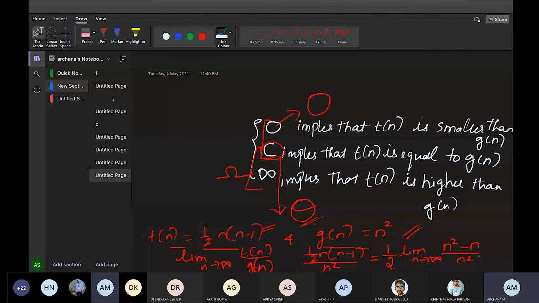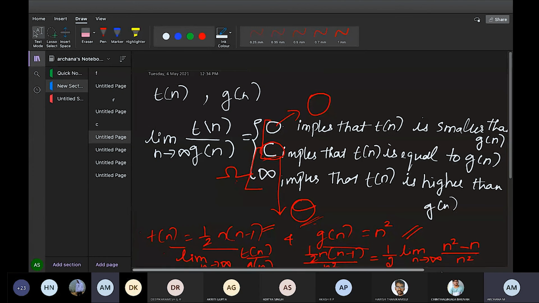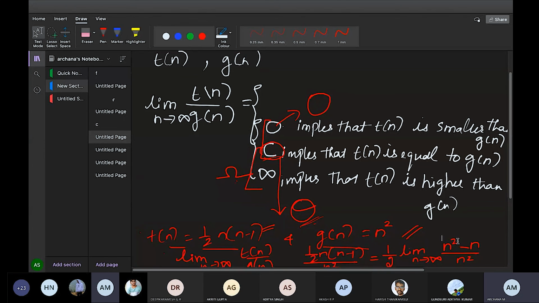Now can anyone tell me what will be the final answer for this? Solve this. Harish? 0. Now, in this formula, n square minus n divided by n square, what can you do? Split the terms. Take n square as common.